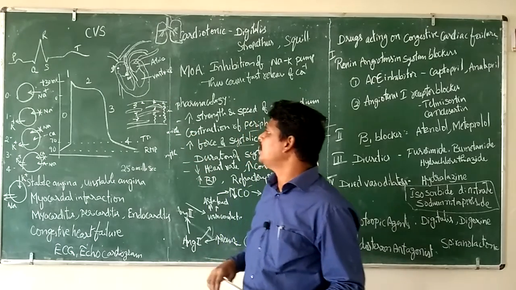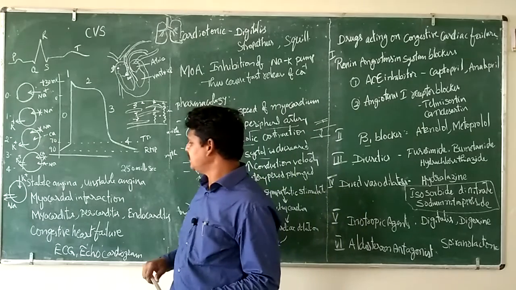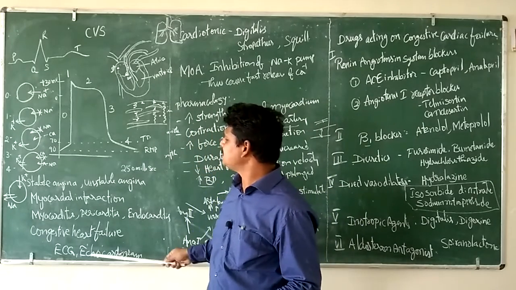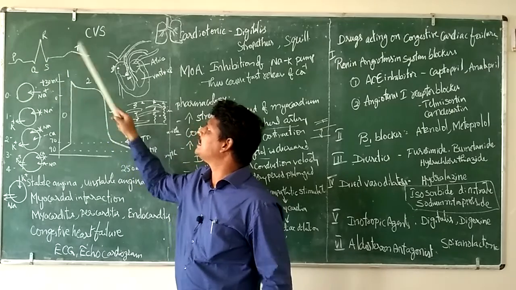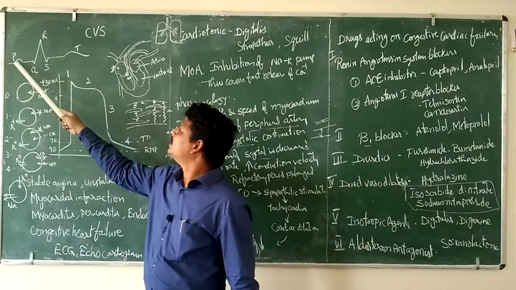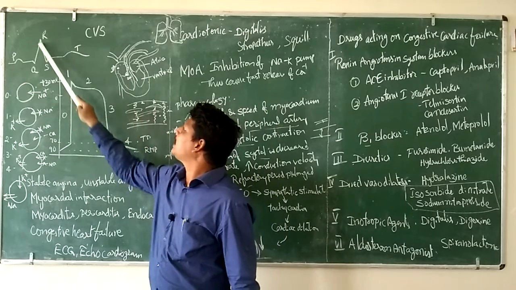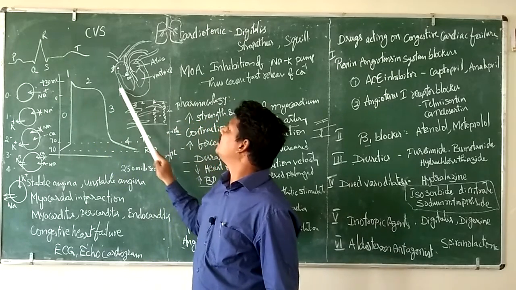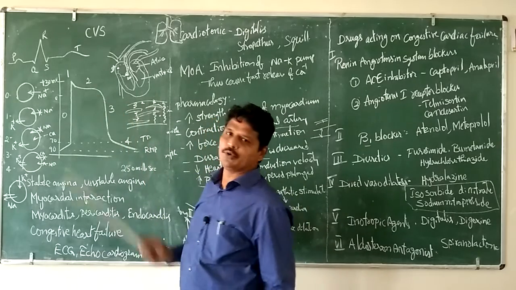Here normally various phases are there. If you see this ECG, normally we will see P, QRS complex and T. P denotes the contraction of the atrial region, QRS denotes the contraction of the ventricular region, and T denotes repolarization.